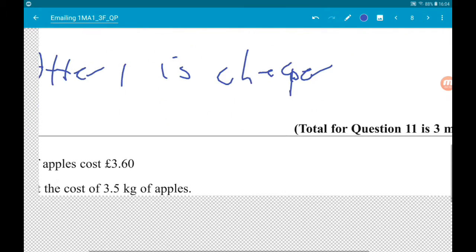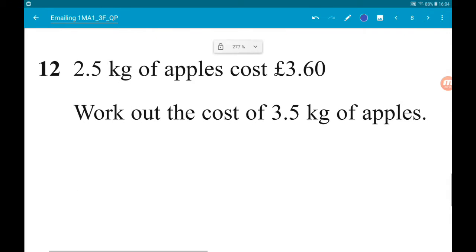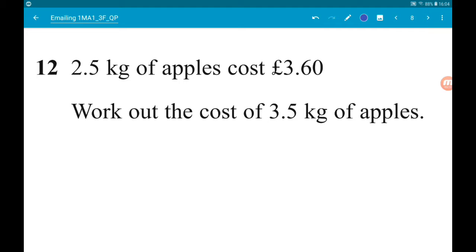Okay, number 12. We are told 2.5 kilograms of apples cost £3.60. Work out the cost of 3.5 kilograms of apples.